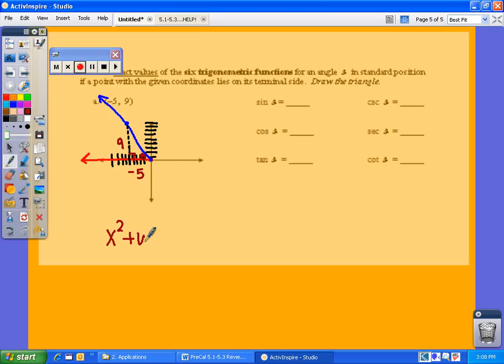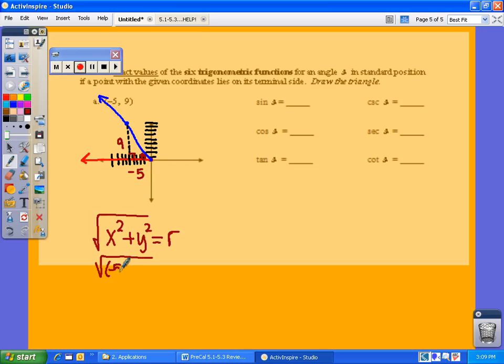So that's x squared plus y squared equals r squared, or you can get rid of the r squared and just automatically put the square root. Both equations are okay. Please don't use a and b because we're talking about the unit circle.